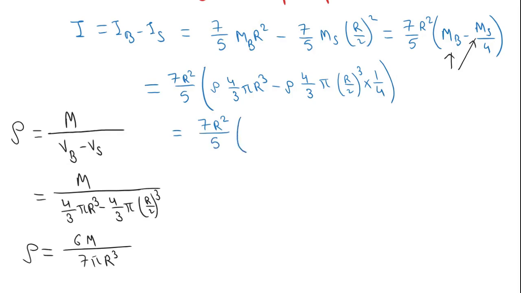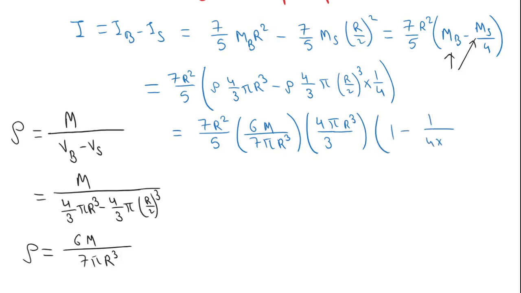Let's put the value of rho after taking out as common, that is 6m divided by 7 pi r cubed, and then the other common things are 4 by 3, we have a pi that's common, and also r cubed. So this gives us 1 minus 1 divided by 4 times 2 cubed. This is equal to 7r squared by 5.